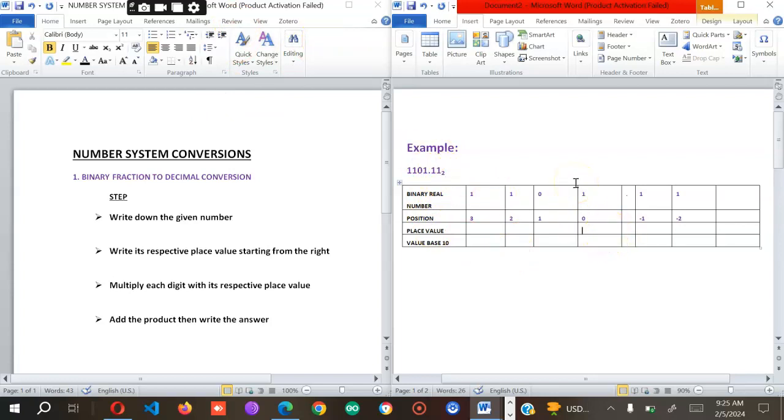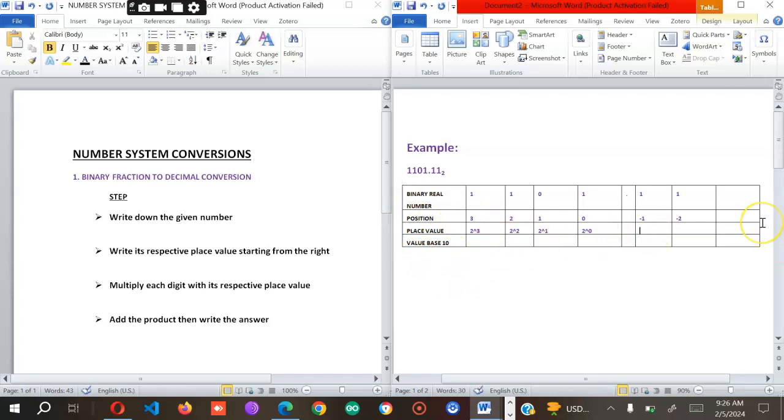Therefore, this one is 2 to the power 0, this is 2 to the power 1, this is 2 to the power 2, and 2 raised to power 3. So these are the bases raised to the position.